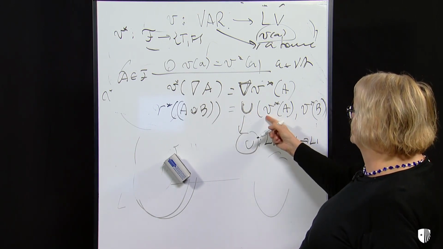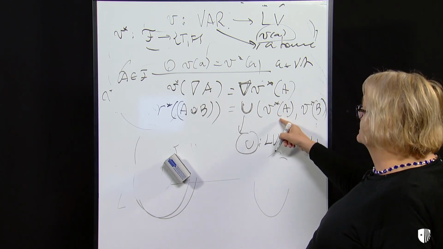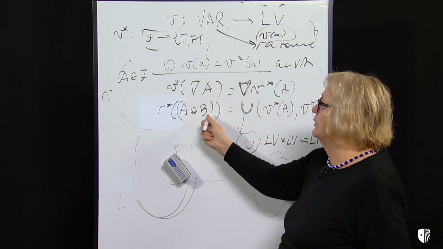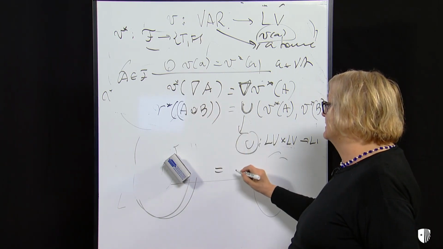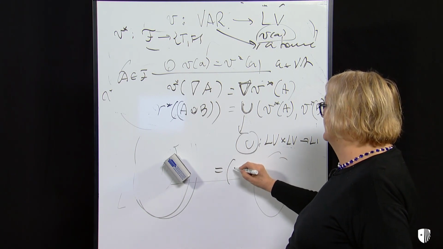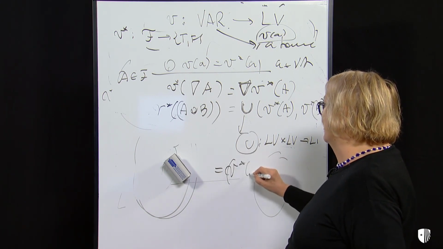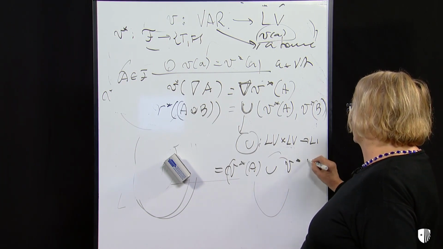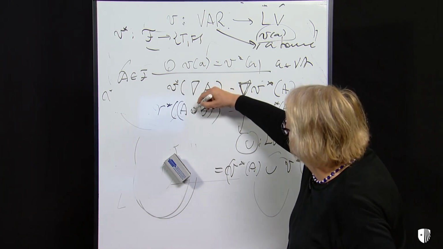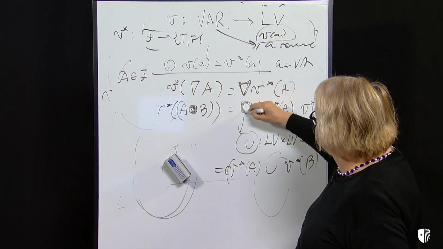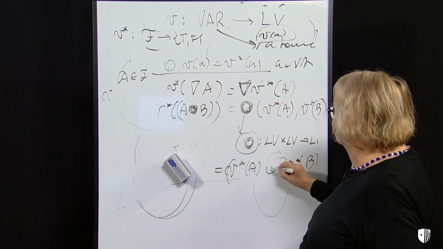This is extensional, so how this connective acts on the values which I already evaluated for the formulas A and B, and we write it with plus, V star of A plus V star of B, and that can be any two-argument connective.